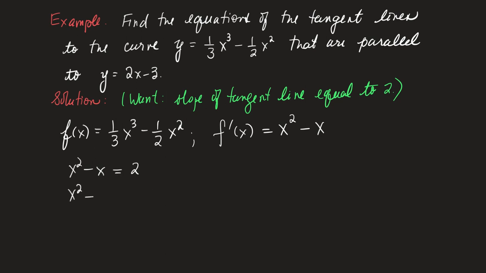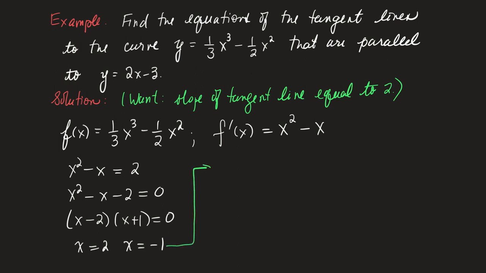I have x squared minus x minus 2 equals 0, which factors nicely as x minus 2 times x plus 1 equals 0. And that's equal to 0 when x is 2 and when x is minus 1. So those are the x values for the points where the slope of the tangent line is 2.